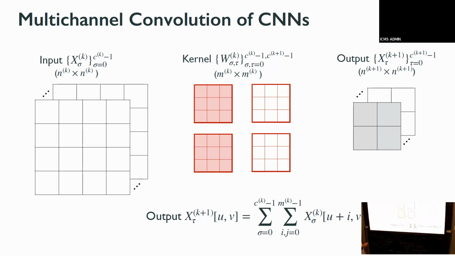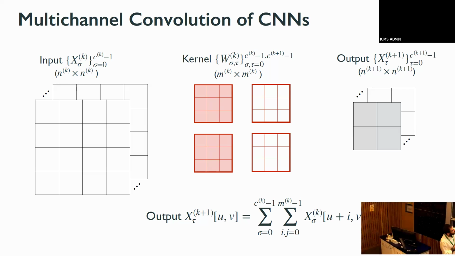And then for the kernels, you actually have kernels for every sigma-tau pair. So if you have C_k input channels and C_{k+1} output channels, you have C_k times C_{k+1} kernel matrices.